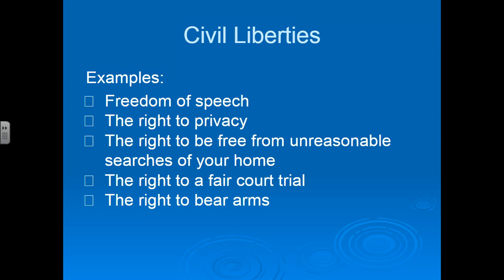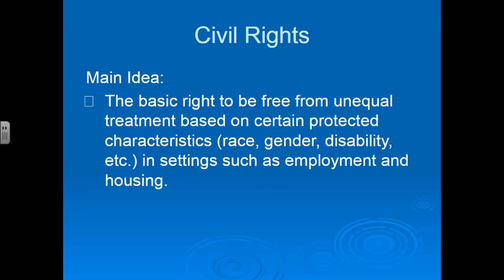Anyway, the right to privacy, not necessarily within an amendment itself, has been created using a bunch of different amendments. The right to be free from unreasonable searches of your home, that's the Fourth Amendment. Right to a fair court trial, that's the 6th and the 7th. The 6th is criminal cases. The 7th is civil. Right to bear arms, of course, we talked about.